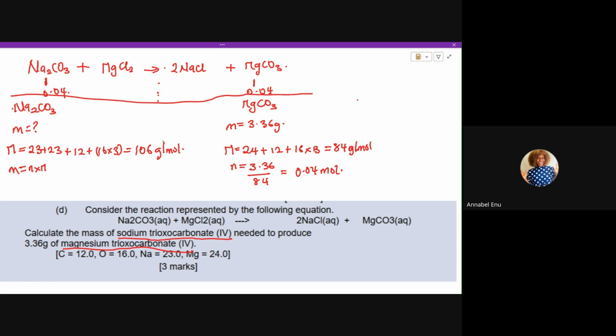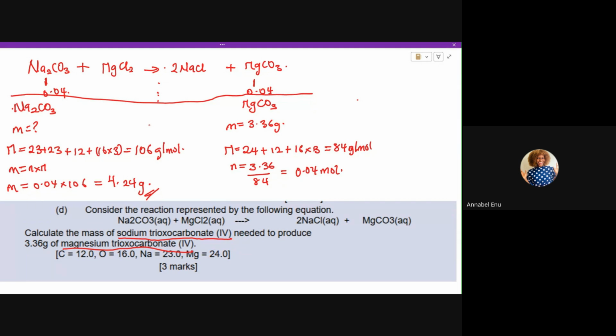That is to say the number of mole n for sodium tricarbonate is also 0.04 based on our mole ratio. So our mass is now equal to 0.04 times 106, which is our molar mass. When we calculate this, we have 4.24 grams. So this is our answer.